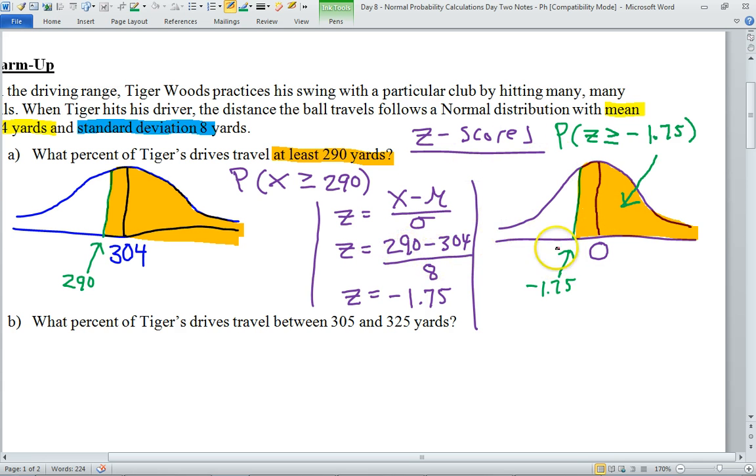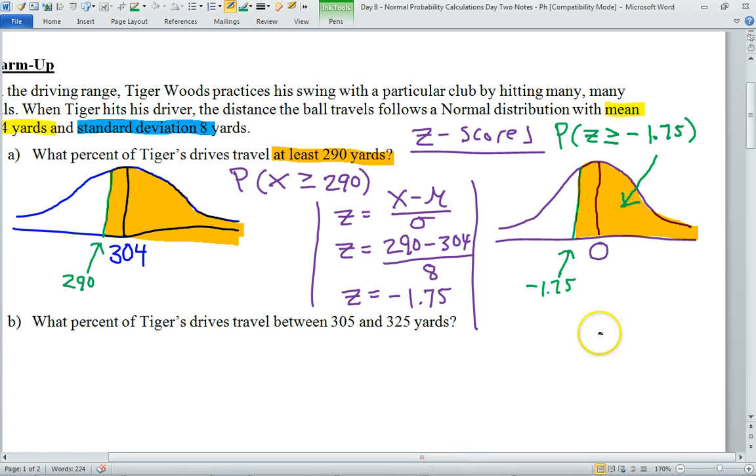Now, we will go to the chart and look up a z-score of negative 1.75. Understanding that when I find the percentage on the chart, it's going to be giving me the left. The chart always gives me the left. But I will deal with that when it happens.